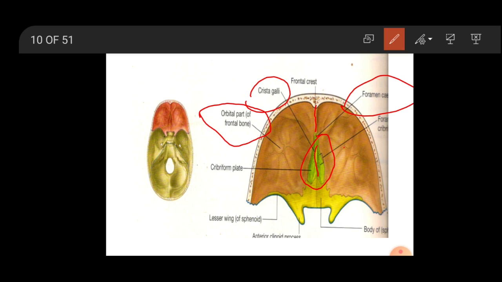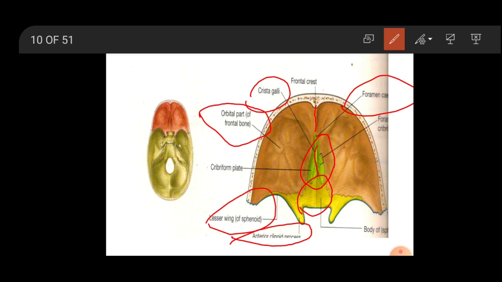And posteriorly you see this body of the sphenoid in the midline. On either side you have the lesser wing of sphenoid.